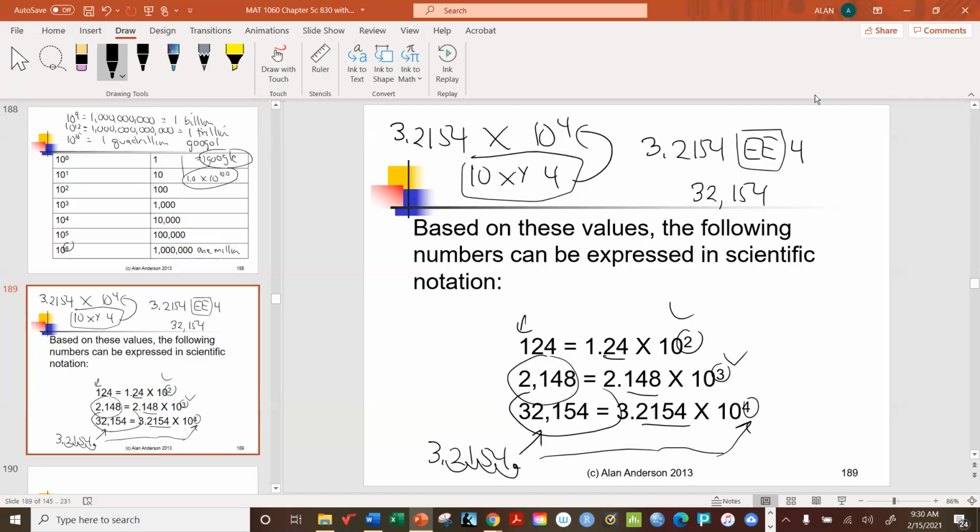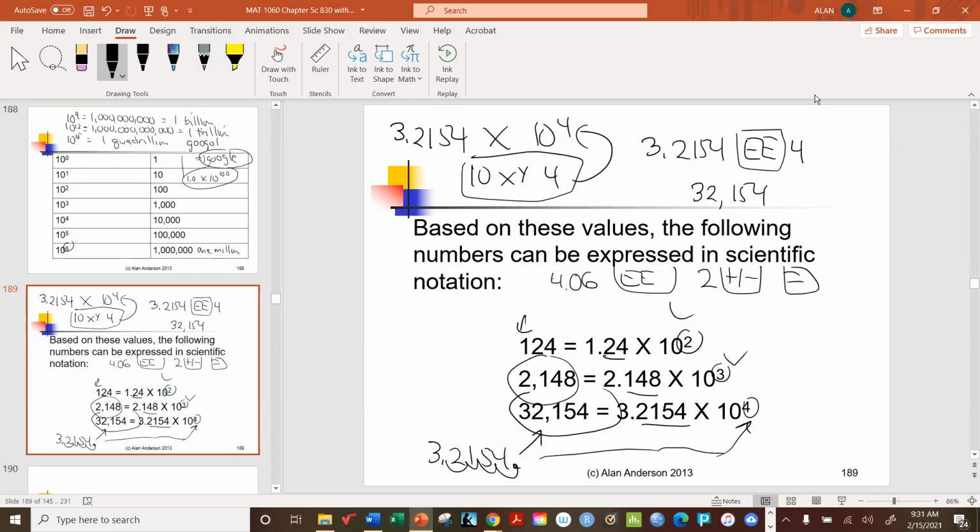And it works with negative numbers too. If you were to take, for example, 4.06 EE. Now remember, on this calculator, to make a negative number, you're going to hit plus and minus. That should do it.